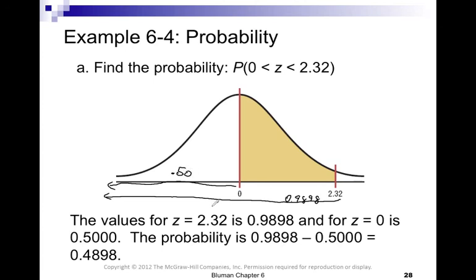So to find the area from 0 to 2.32, we subtract 0.9898 minus 0.5. And so we find that this area, under this shaded area of the curve, is 0.4898.